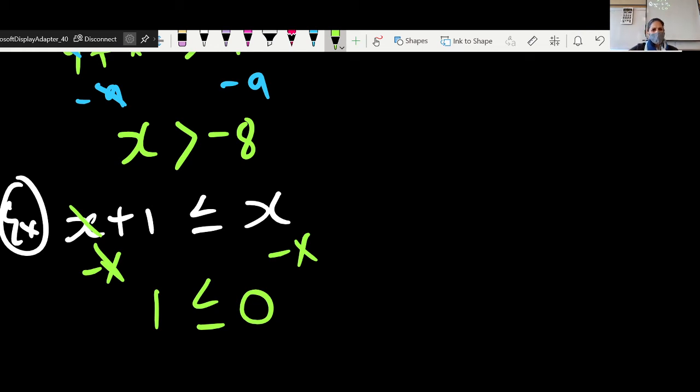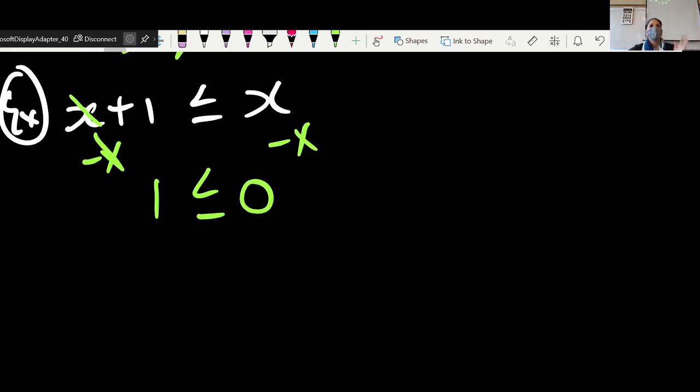No. So when this happens, like when this is completely not true, and we have seen stuff like this before. We've seen stuff like working our way through an equation and it says 4 equals 6, and we know that those don't equal each other. Then we can put our answer as this symbol, which means empty set.